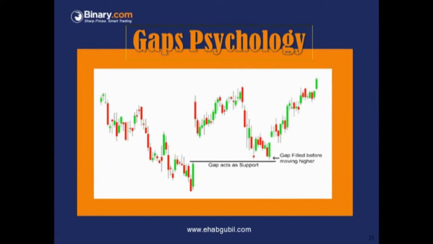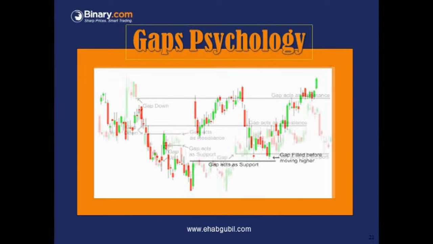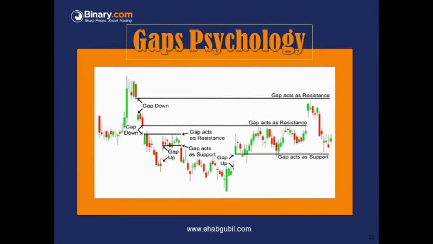The chart shows the gap up acting as support for prices. And as this chart shows many gaps up and gaps down, notice how gaps down act as areas of resistance and gaps up as areas of support.